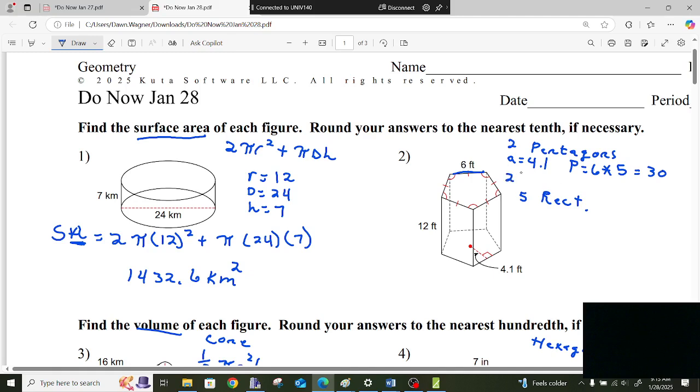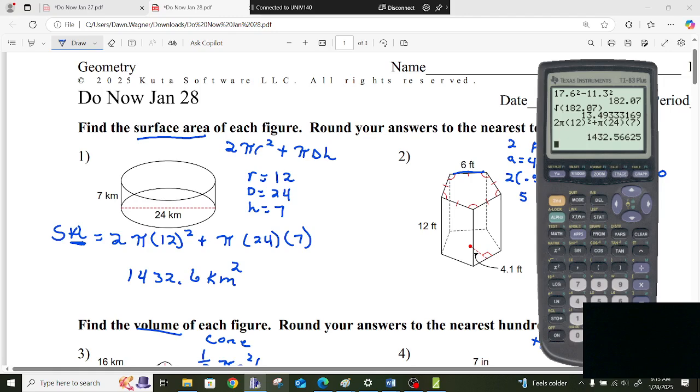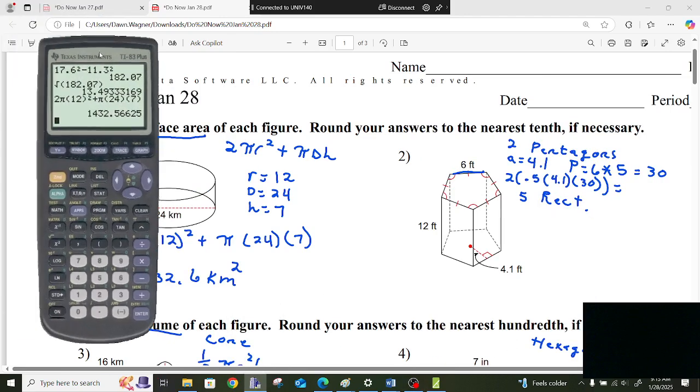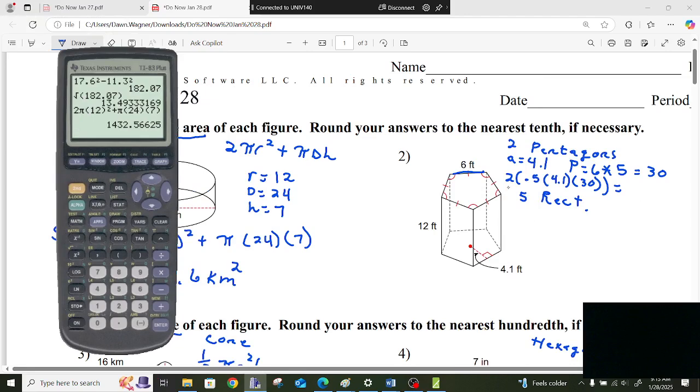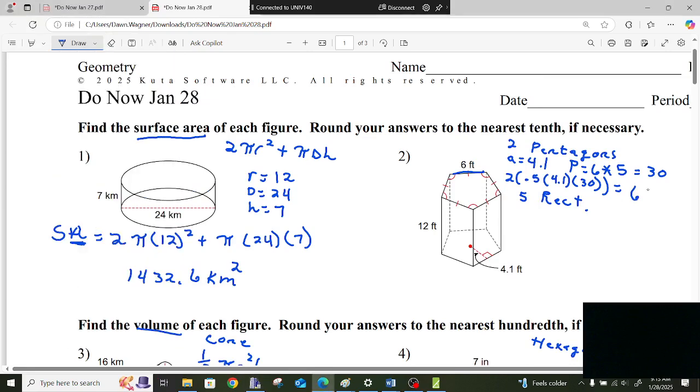So I have 2 pentagons with the formula 0.5 times 4.1 times 30. And that would equal 61.5.